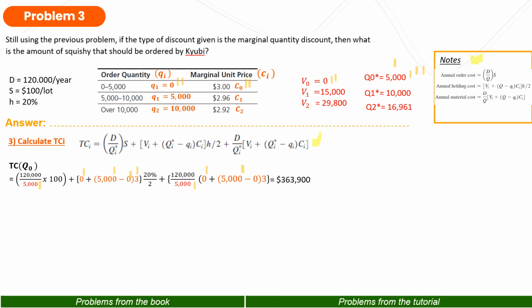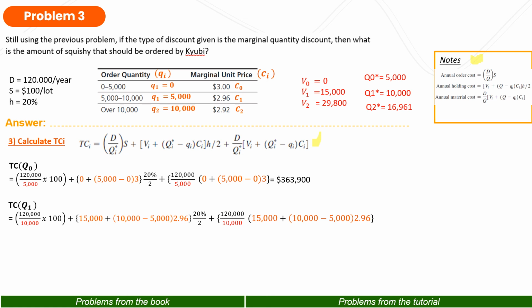$363,900. And then for the total cost for the Q1, the formula is also the same, but the difference is here, the numbers that I colored orange.